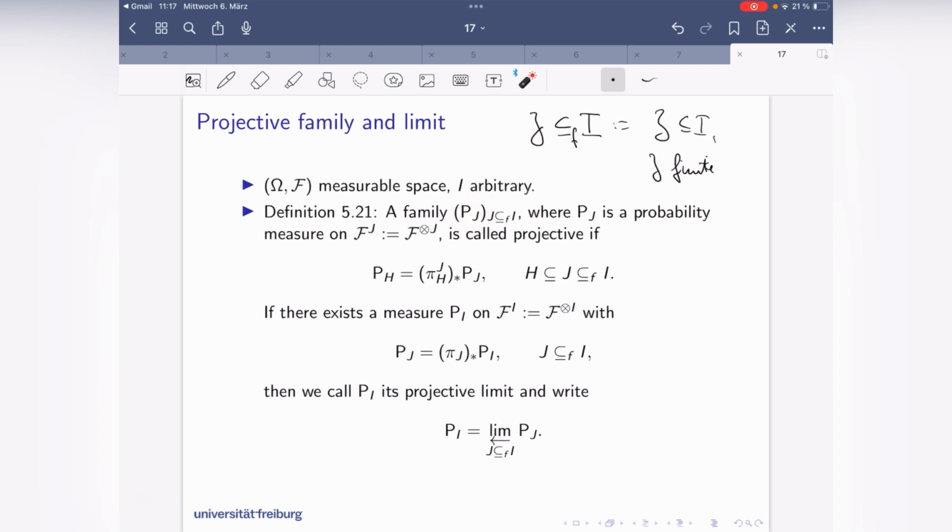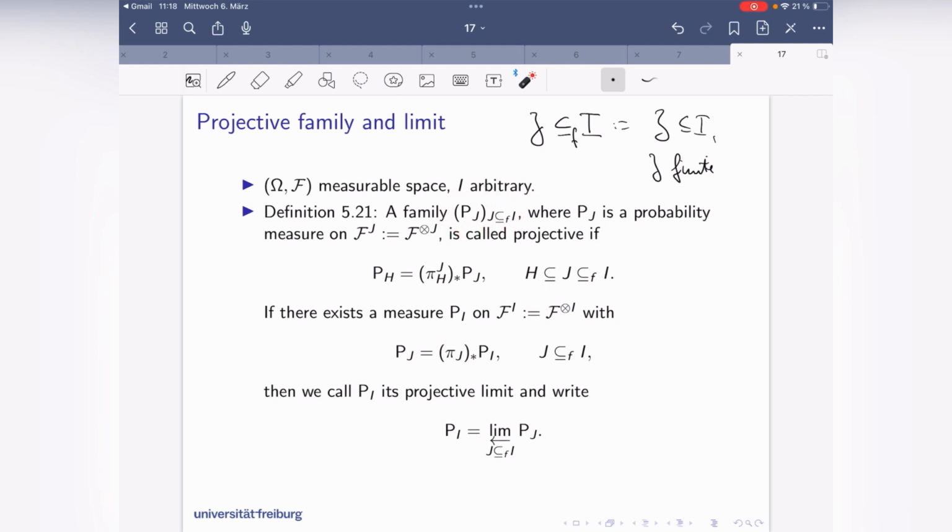I may be uncountable, but the PJs are all only for finite subsets of I. They are defined on this finite product sigma algebra. And that family is called projective if the following holds.